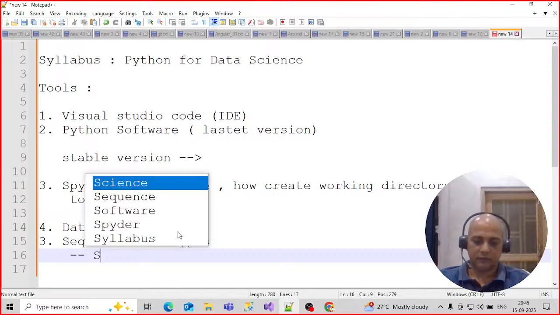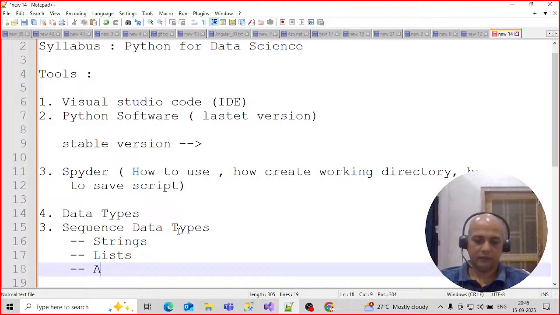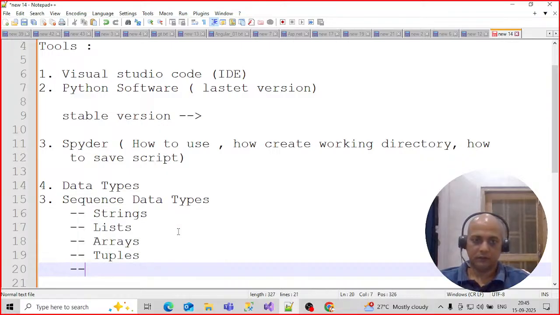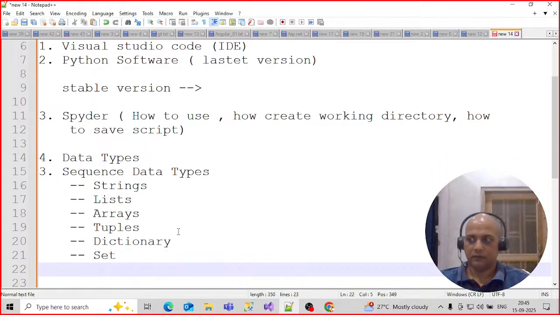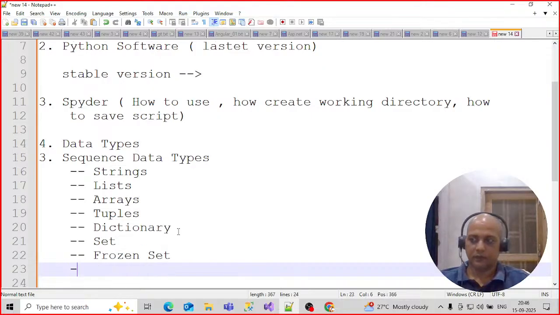We have strings, lists, arrays and tuples, dictionary, set, frozen set, and then we have range.